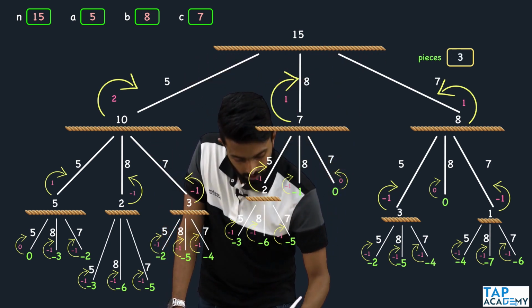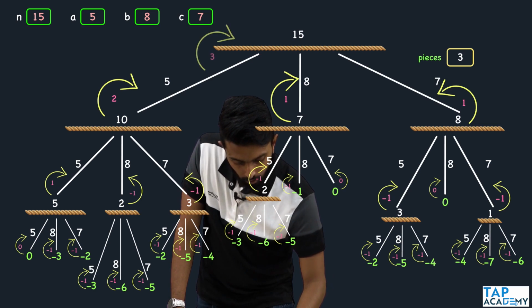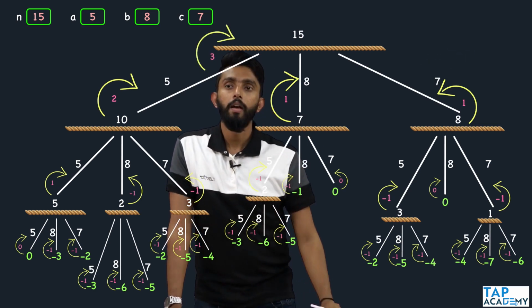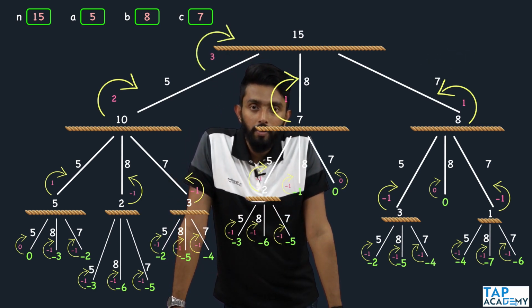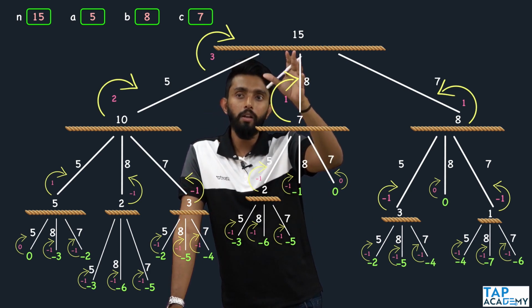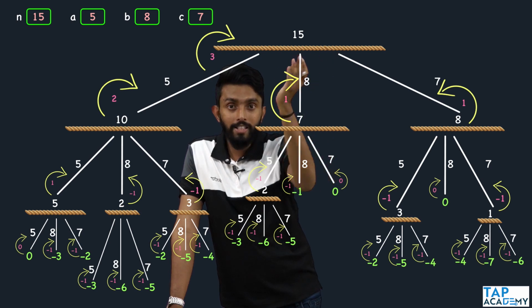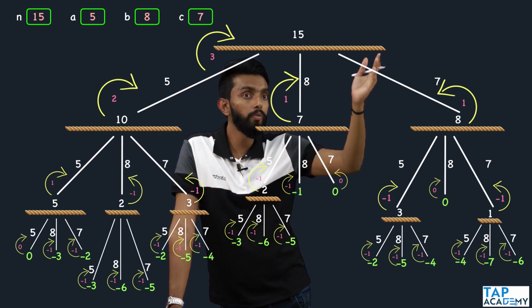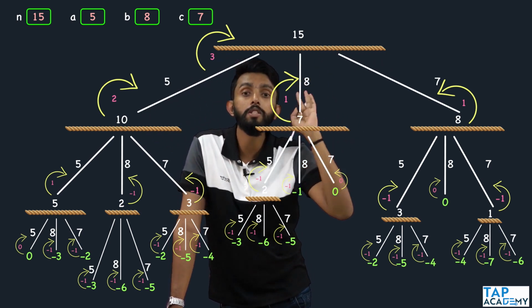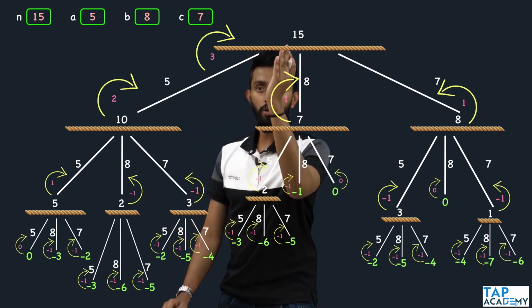So totally 3 pieces, and ultimately that is what will be returned. Any confusion till this point of time? And ultimately you will notice what you got is 3. And definitely the maximum pieces that a rope of length 15 can be cut into is 3 pieces. And that is what you are saying.